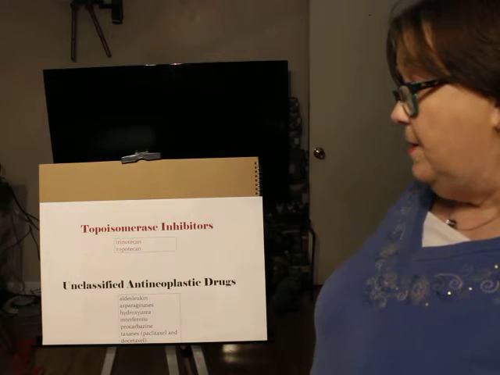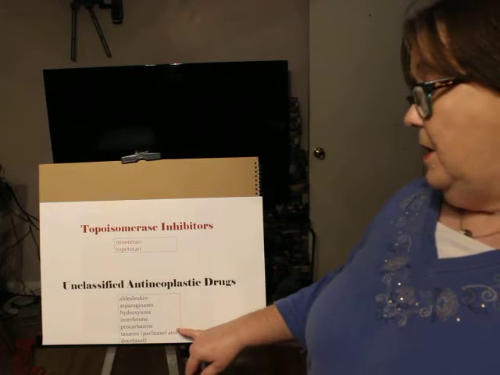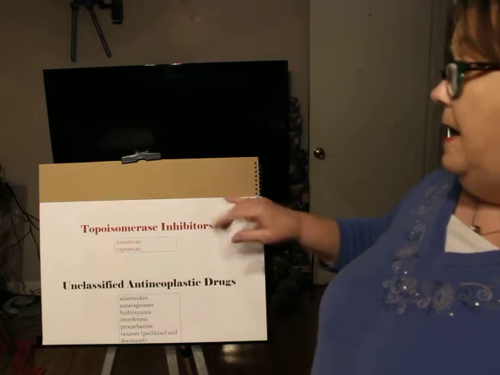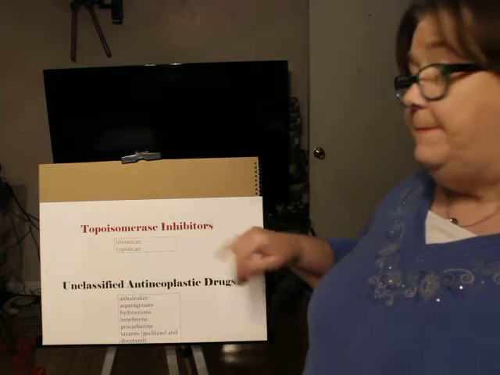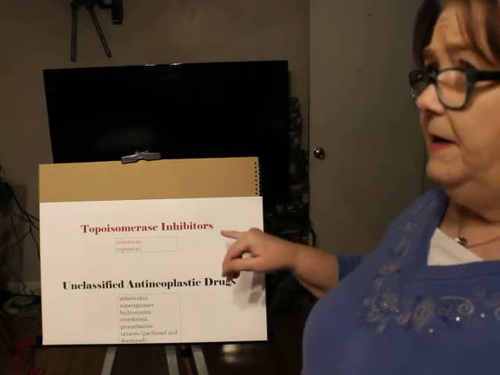Those are made from your yew tree. The yew tree is where those come from. And irinotecan is from a plant too. It's from the Japanese happy tree. I don't think irinotecan would make me very happy.